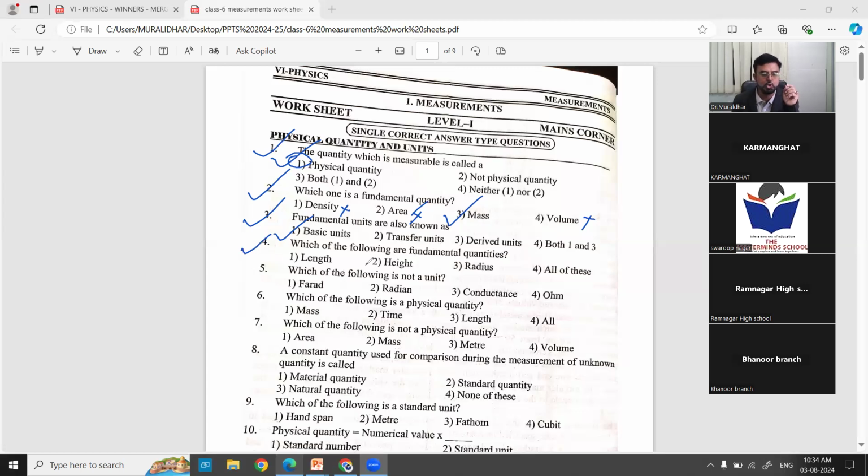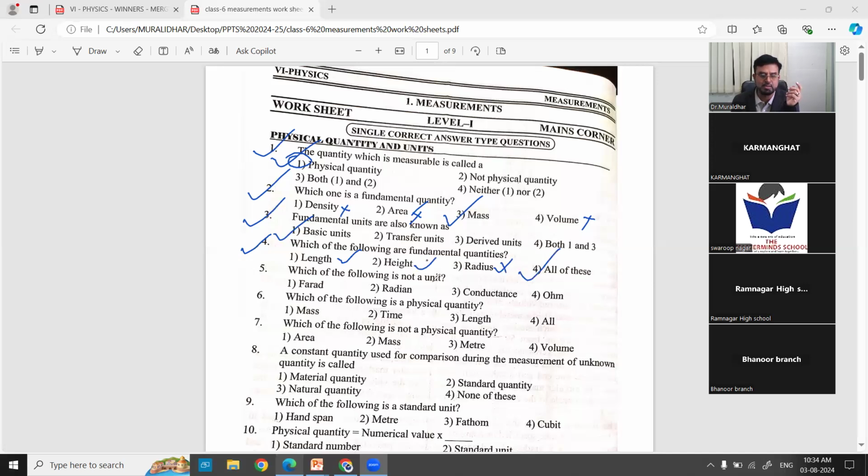Fourth one. Which of the following are fundamental quantities? Again it's asking the same. Since it says 'are', it may be more than 1. Length is a fundamental quantity. Height is also length only. Radius is also length only. So what is the answer? The fourth one.